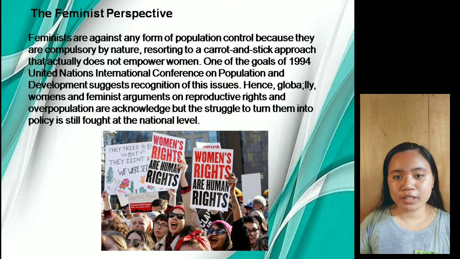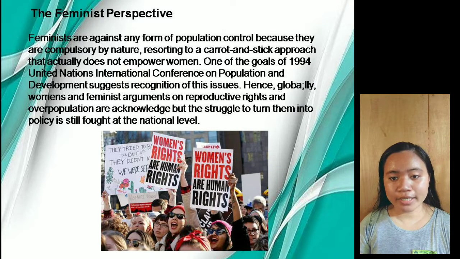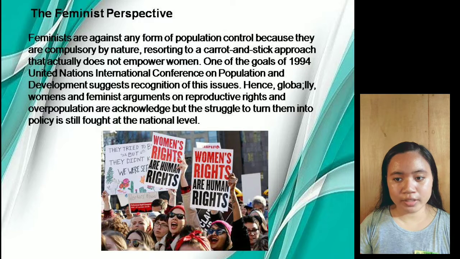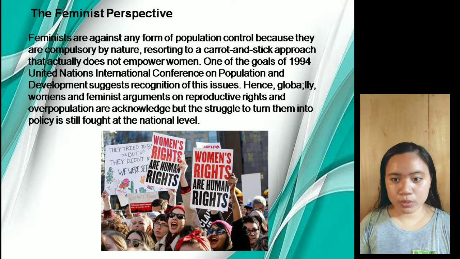Now, the feminist perspective is that feminists are against any form of population control because they are compulsory by nature, resorting to a carrot and stick approach that actually does not empower women. One of the goals of the 1994 United Nations International Conference on Population and Development suggests recognition of these issues.